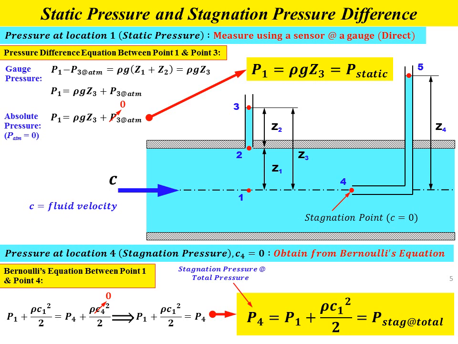So P4 equal to stagnation pressure or total pressure, P1 refers to the static pressure of the fluid, and the third term of the equation, rho C1 square divided by 2, actually is the dynamic pressure. So now we have already derived the equation for the stagnation pressure of fluid at the center line of the pipeline, which refers to the value of P4.